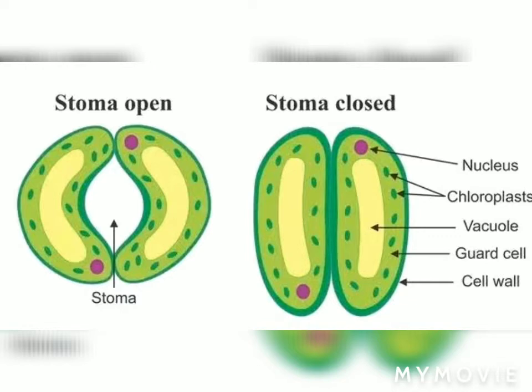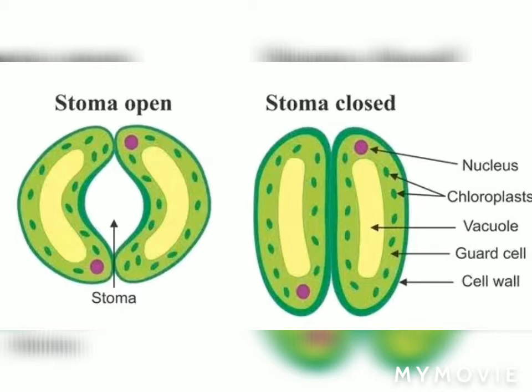The green color of the leaf is called chlorophyll. This green pigment helps leaves to capture energy of the sunlight. This energy is used to synthesize food from carbon dioxide and water.